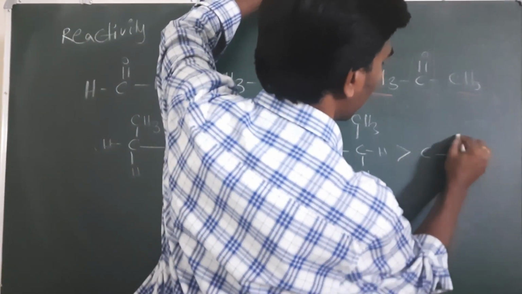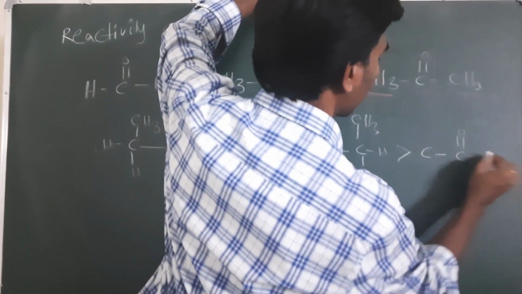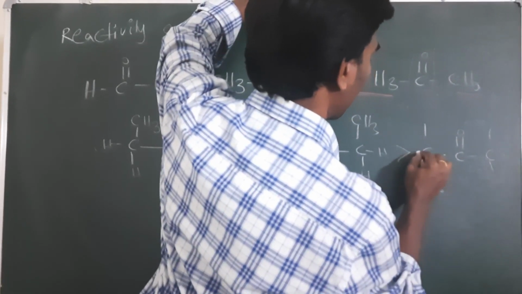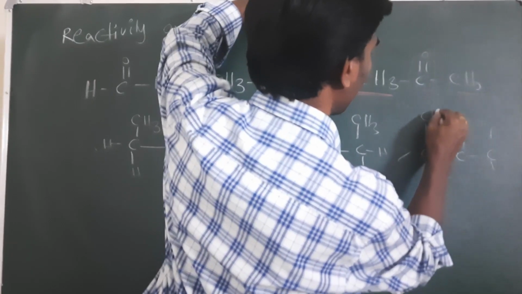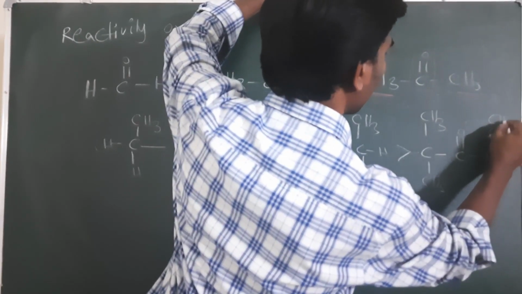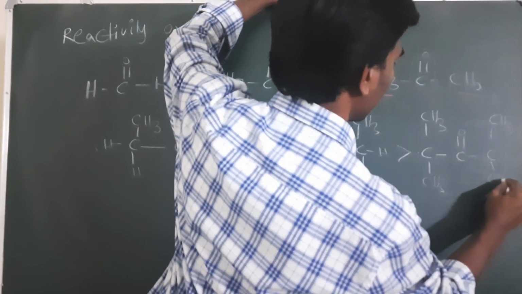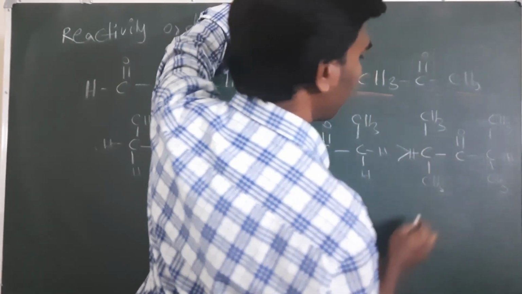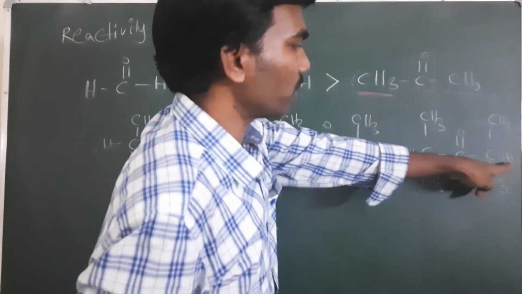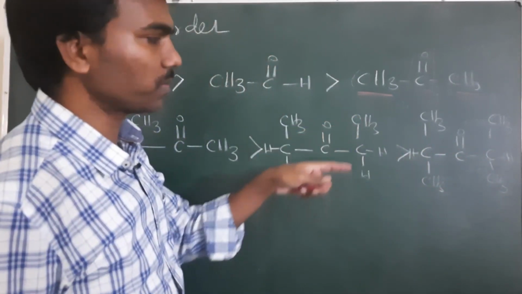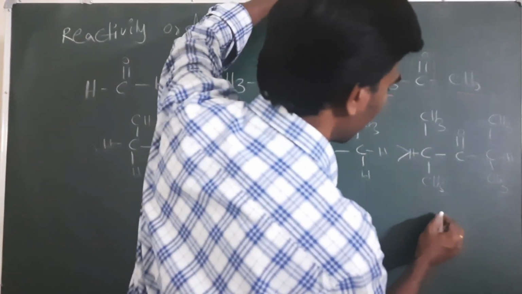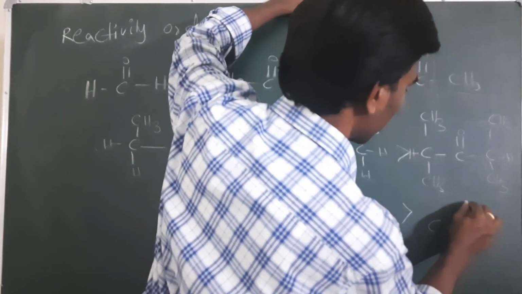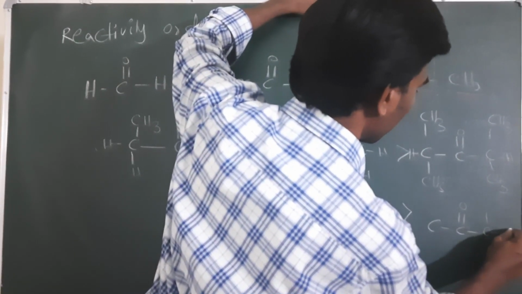Here C double bond O, with a methyl group and two methyl groups, and here hydrogen and hydrogen. Comparing with this one, if these two hydrogens are replaced by two methyl groups, then that compound's reactivity will be less comparing with this compound.